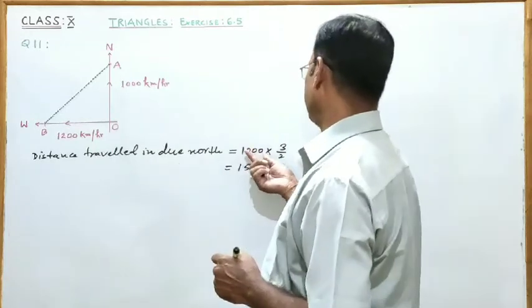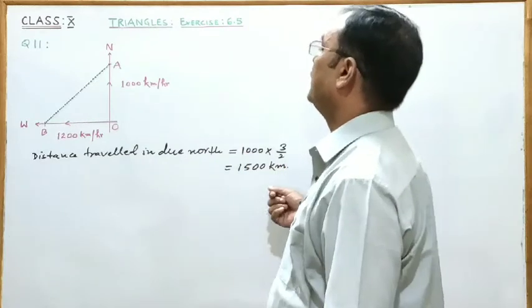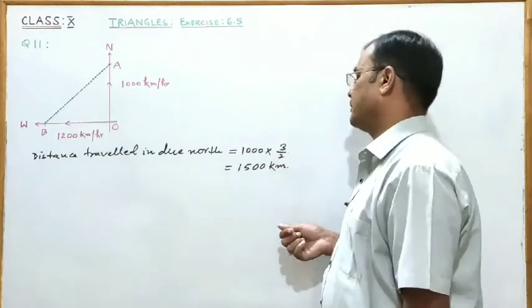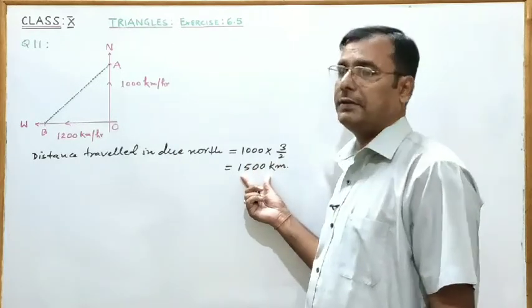Distance equal to speed into time. Speed is 1000 km per hour and time is 3/2 hours. So speed into time is the distance, 1500 km.